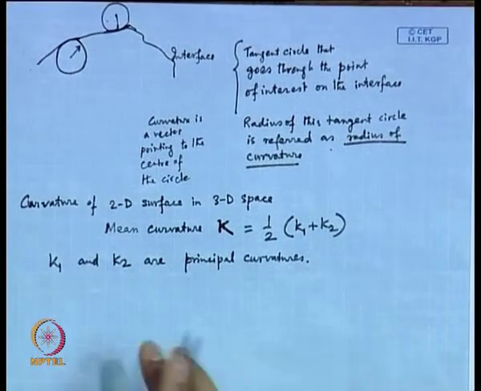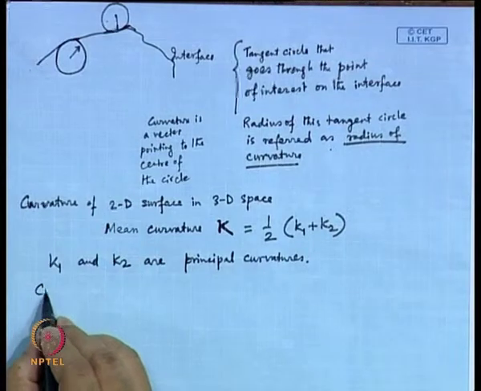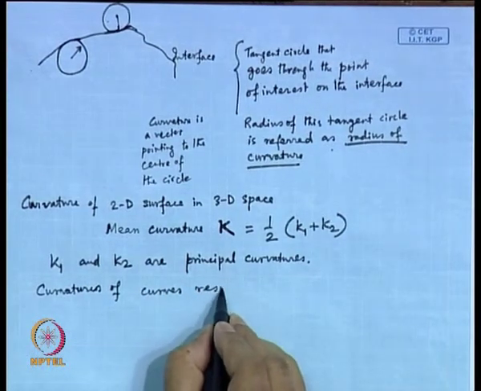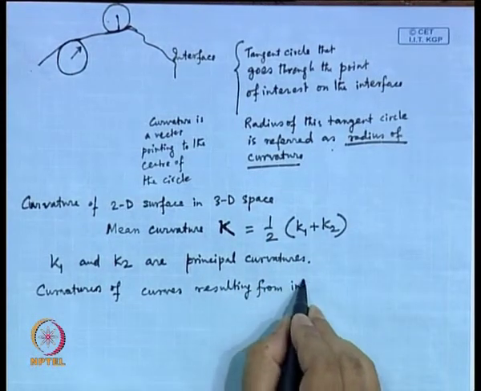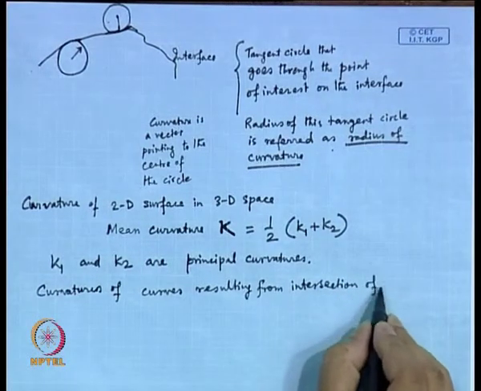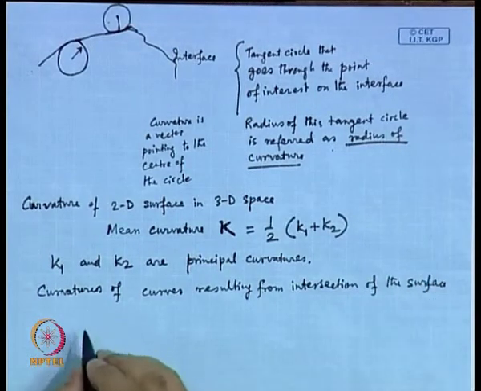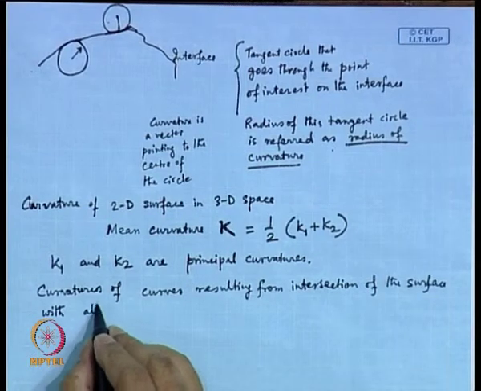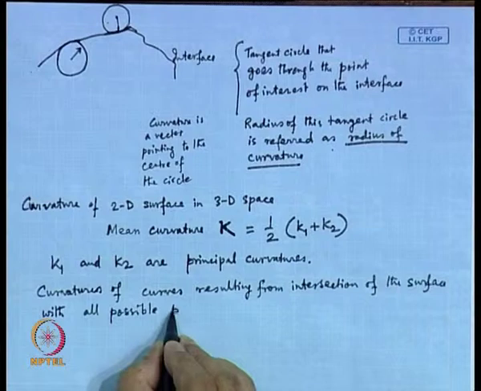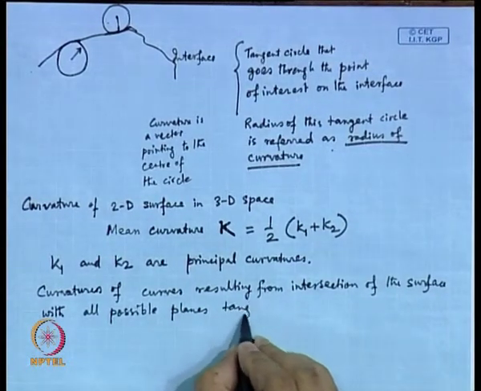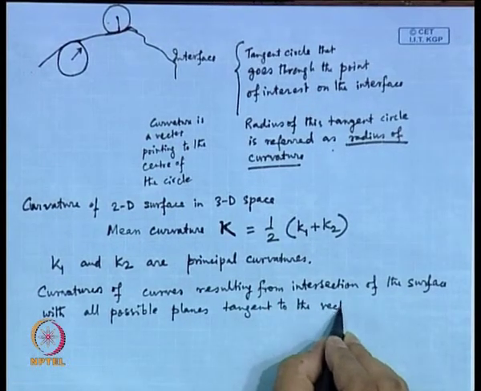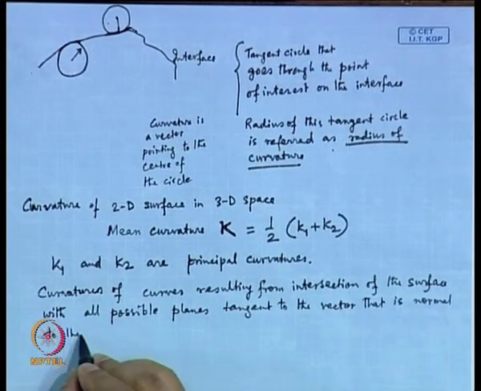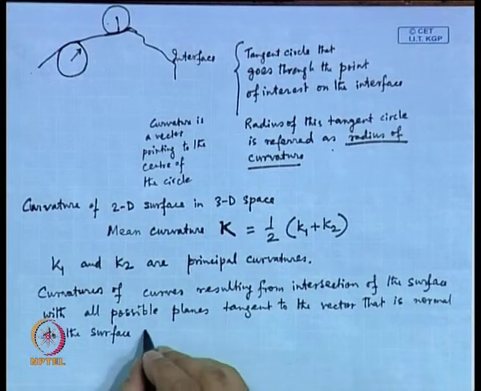Now, the question would be, what is principal curvature? Think of curvatures of curves resulting from intersection of the surface of interest with all possible planes tangent to the vector that is normal to the surface at the point of interest.